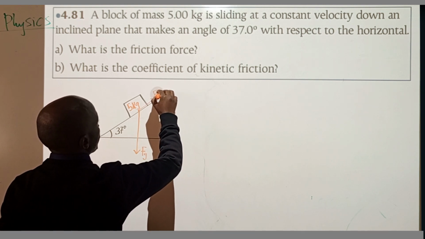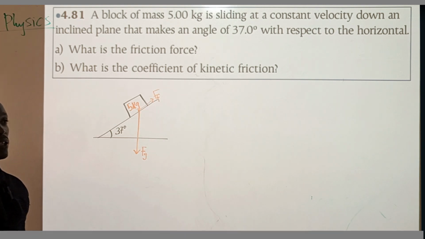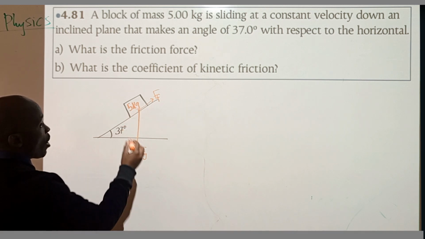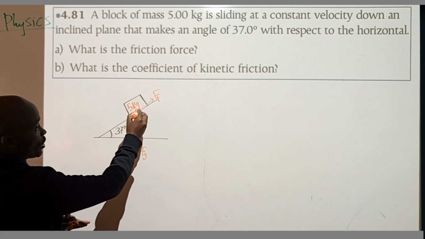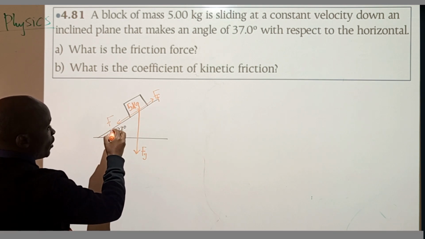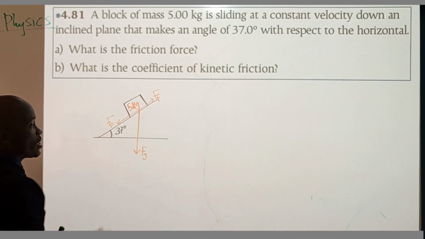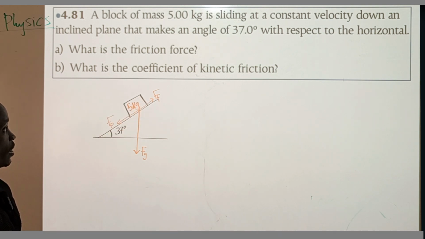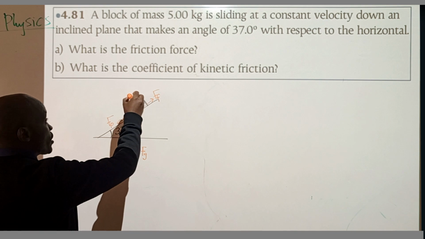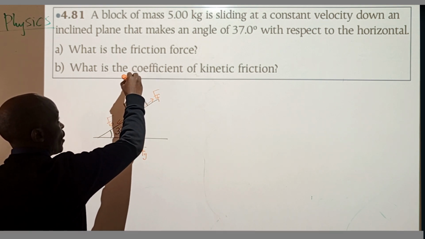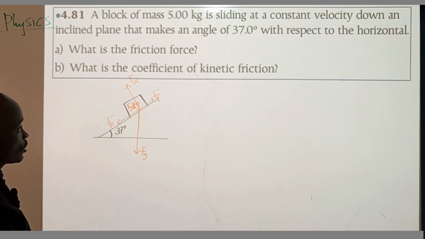And finally we know there will be a component of force towards this direction, so we're going to call it F parallel. Parallel means it's parallel to the slope. We also know there is the normal reaction force acting perpendicular to the slope. That's Fn for the normal reaction force.